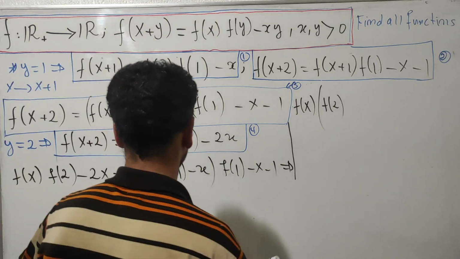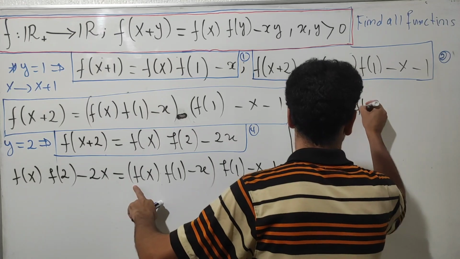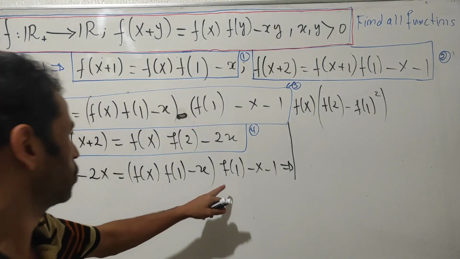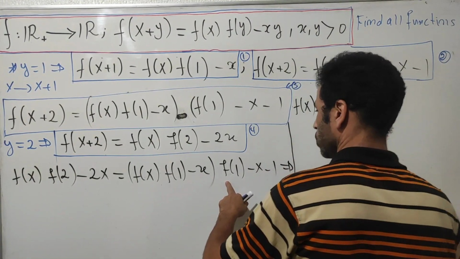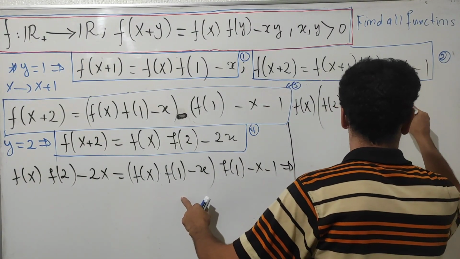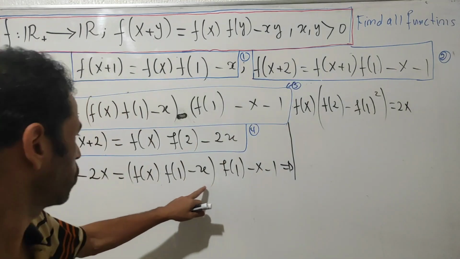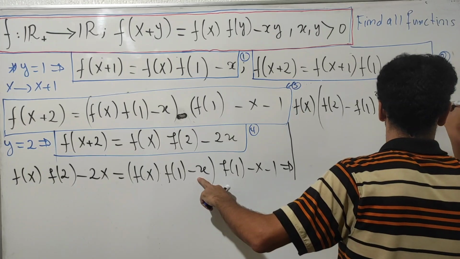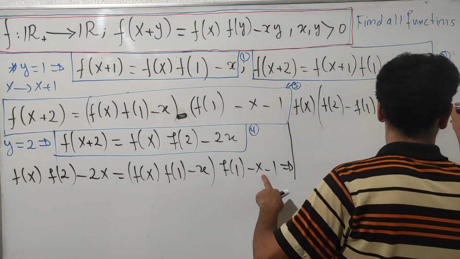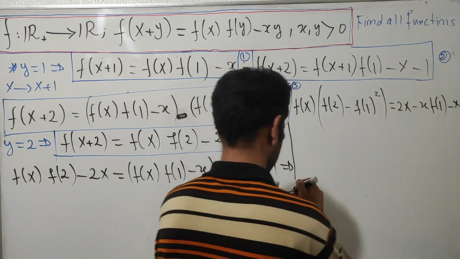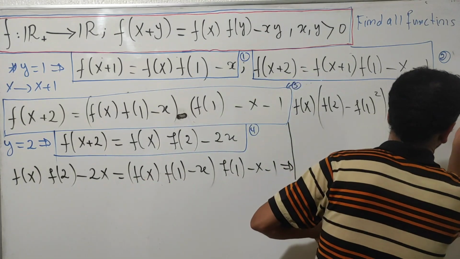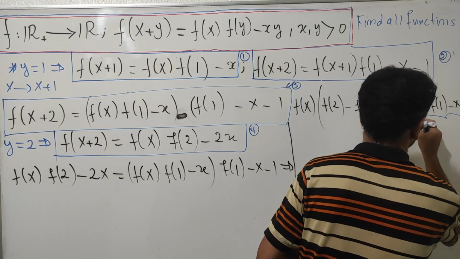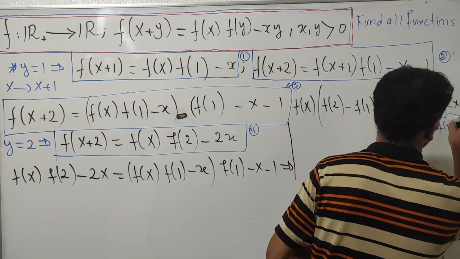So I get minus f of 1 squared, and move over everything to one side, which is the right side. So I get here 2x, and this one will be multiplied by minus x, so I get minus x multiplied by f of 1 minus x minus 1. So this one is going to be reduced to x minus x f of 1 minus 1.